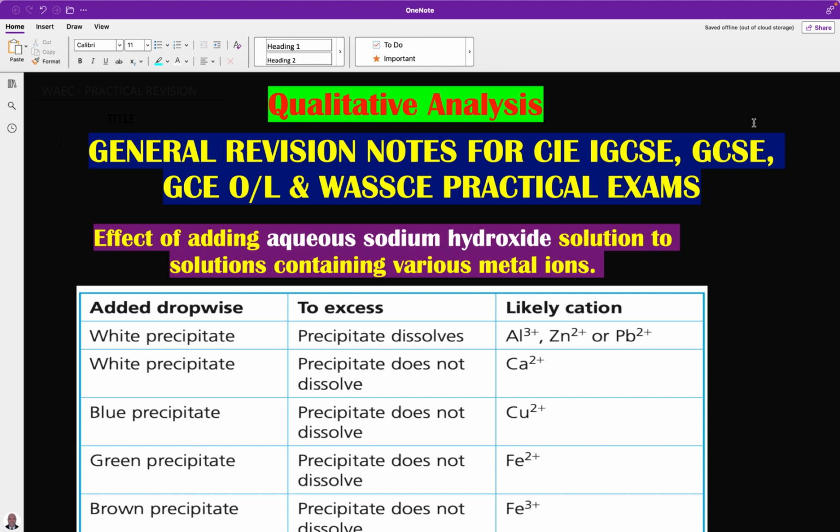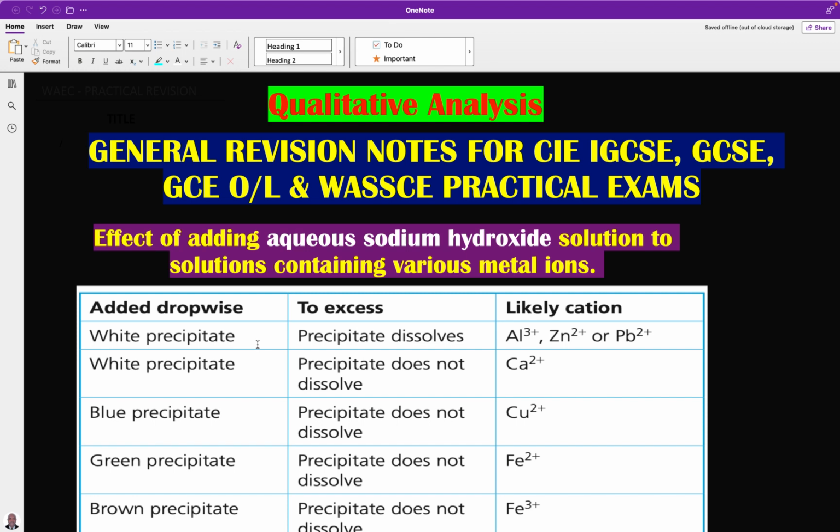For instance, we have a salt solution. After adding aqueous sodium hydroxide solution to the salt solution, our observation is white precipitate is formed.